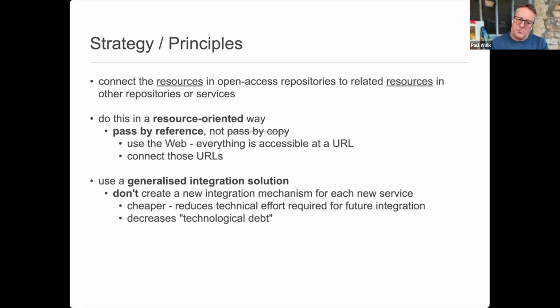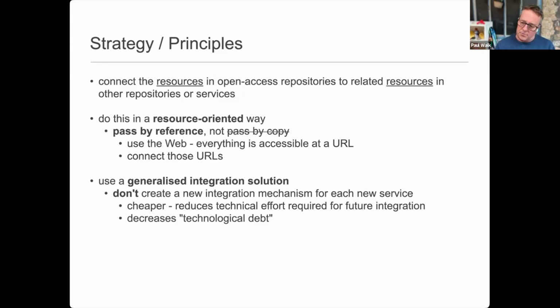Another way of putting this is that we really want to pass by reference, not pass by copy. That means that a lot of mechanisms in our digital libraries and repositories and so on are all about exchanging copies of metadata or copies of actual objects and moving them around.